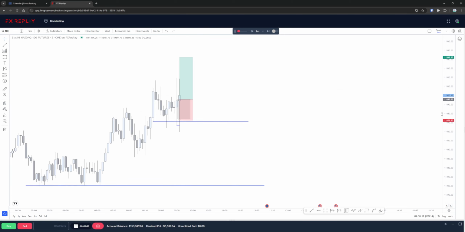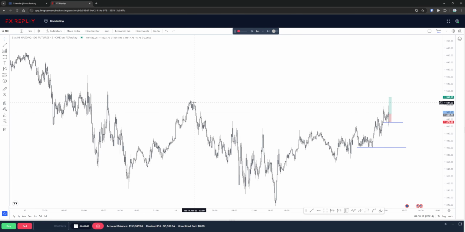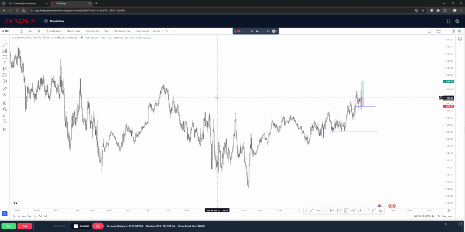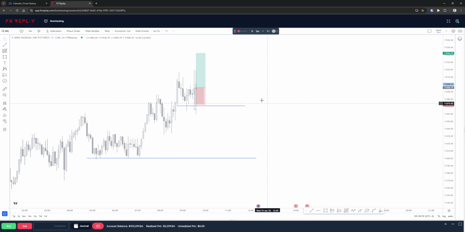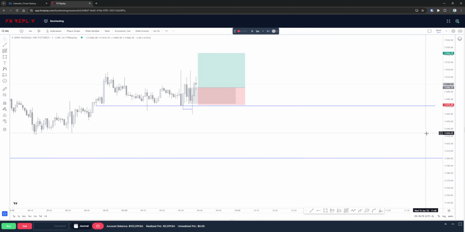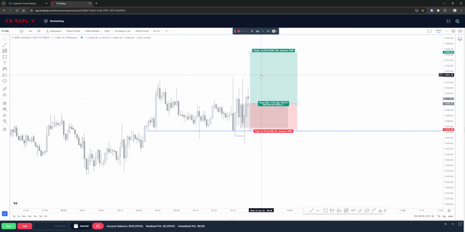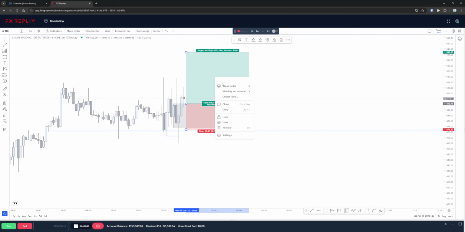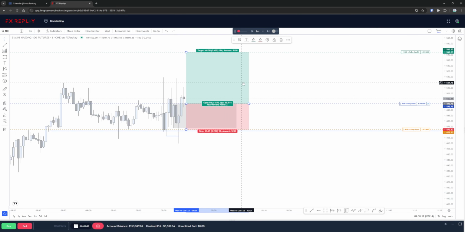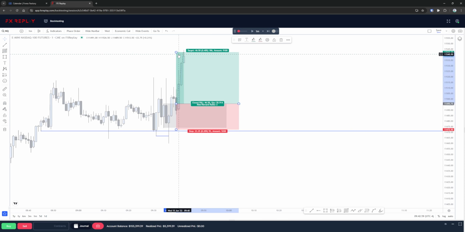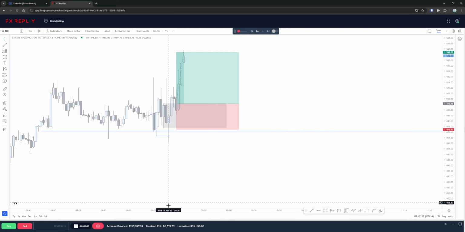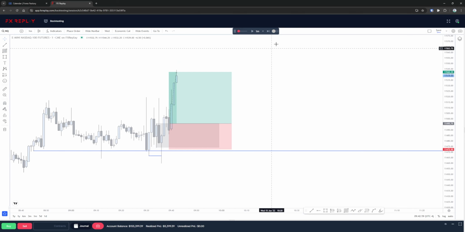I don't know if we have SMT here, so this is the one thing I'm going off. I think I'm gonna accept the risk here and take this trade. Get tapped in here. 2R. Okay, so that's another winning trade there.